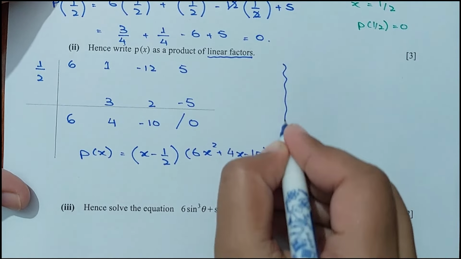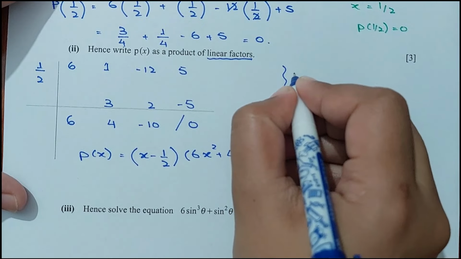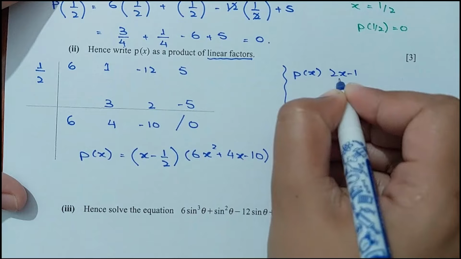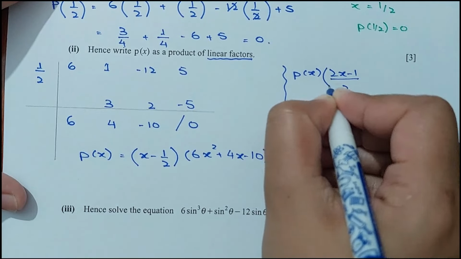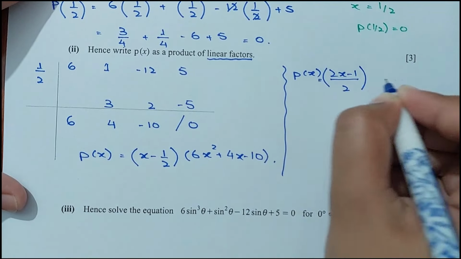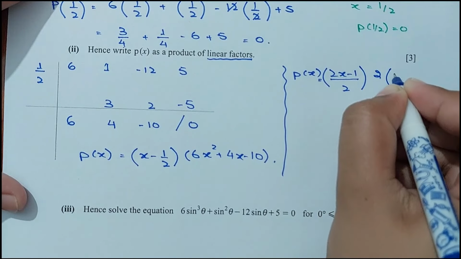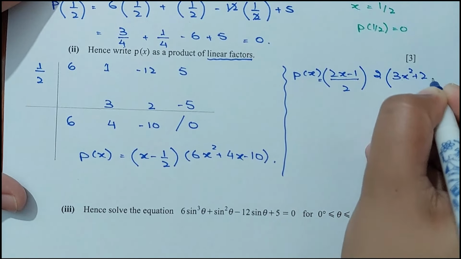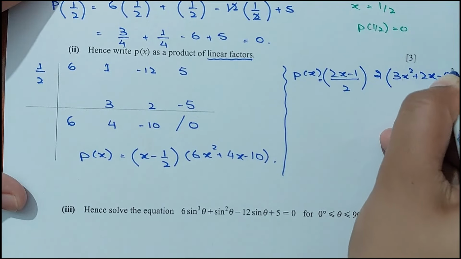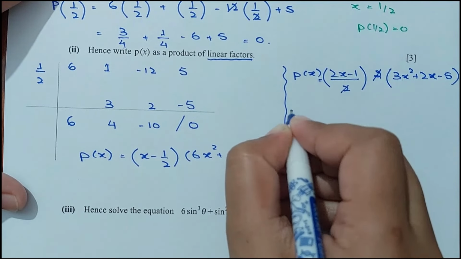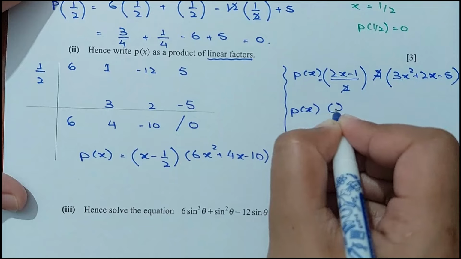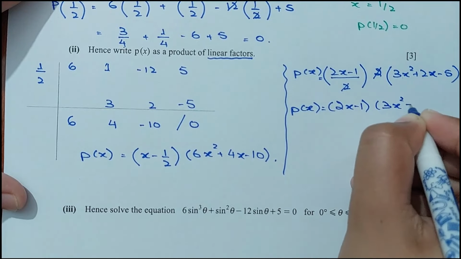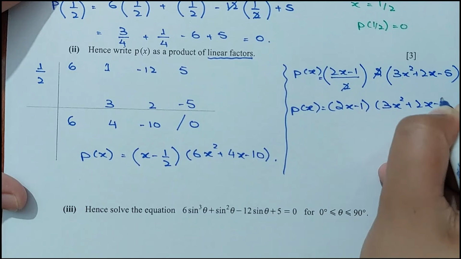So further simplification: we have p of x equals 2x minus 1 divided by 2. Let me take 2 common as well: 2 times 3 would be 6, 2 times 2 is 4, and 2 times 5 is 10. So this 2 and this 2 cancel out, so p of x is going to be 2x minus 1 into 3x square plus 2x minus 5.